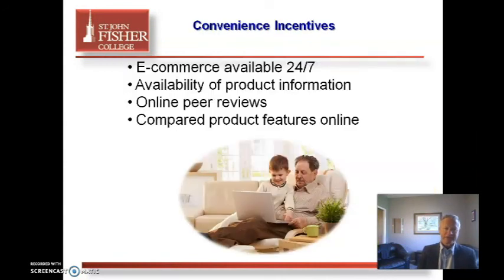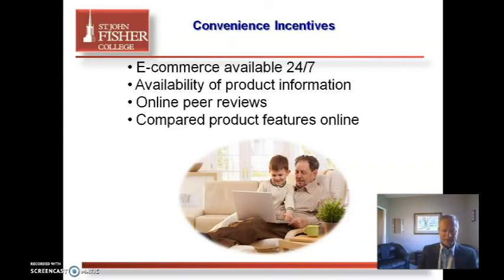There are also convenience incentives, and those are peer reviews. You see that a lot with Amazon. Amazon really is the bell cow for convenience incentives. The convenience incentives are, one, peer reviews, and product information so that you can see all the different information. You can not only see the product that you're buying, but like products.